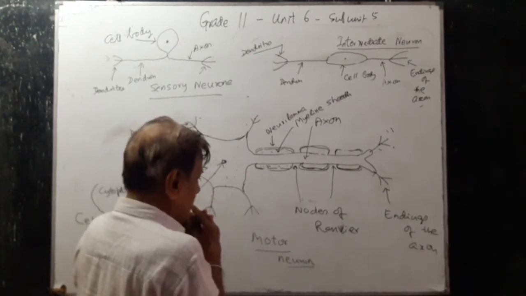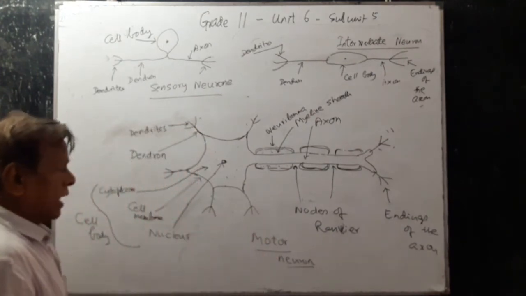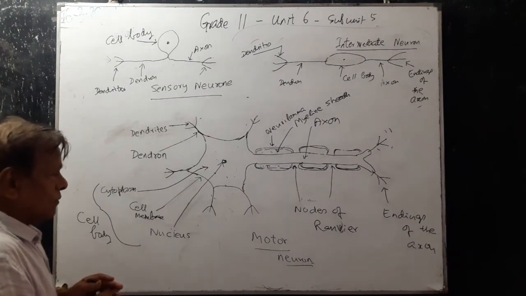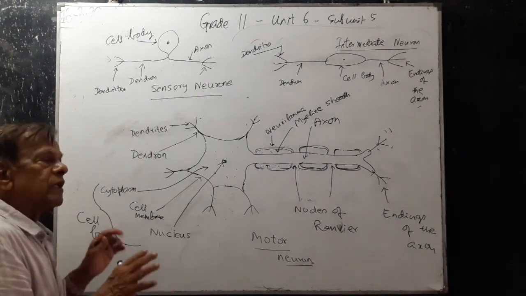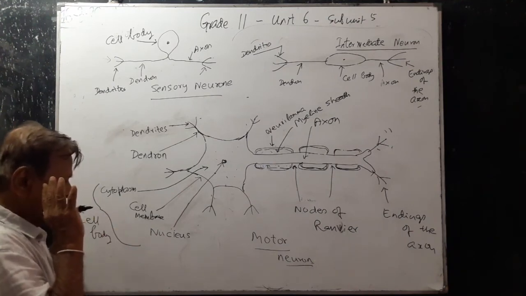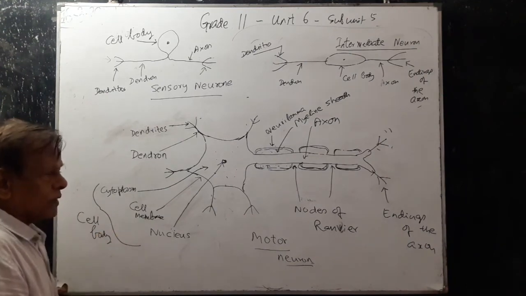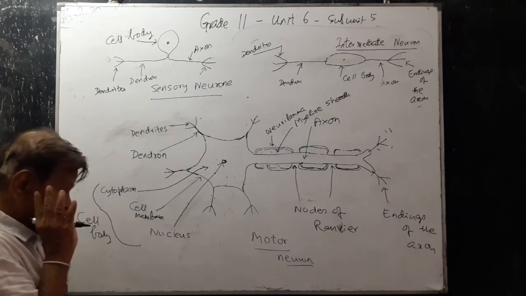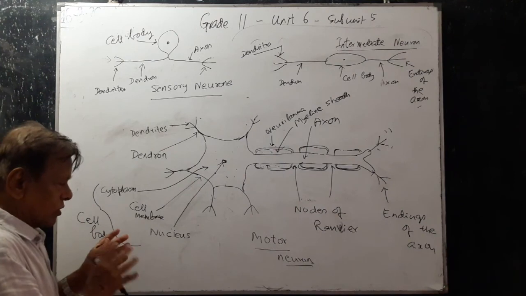Now, these are the three types of nerve cells or neurons by which the nervous system is actually made. Nervous system is made of neurons. You have to understand about neurons well.